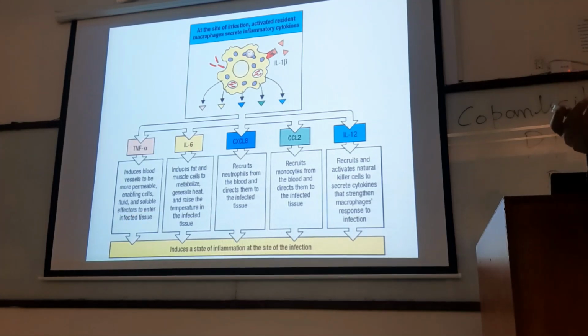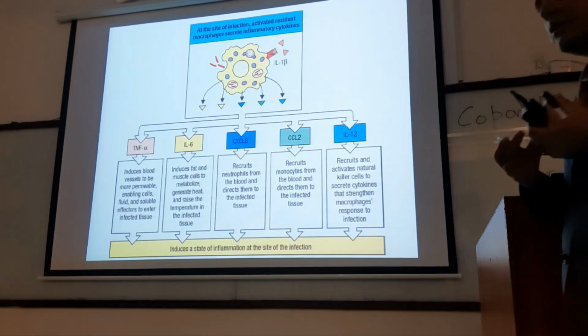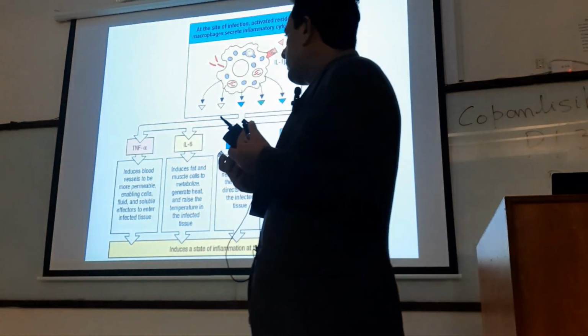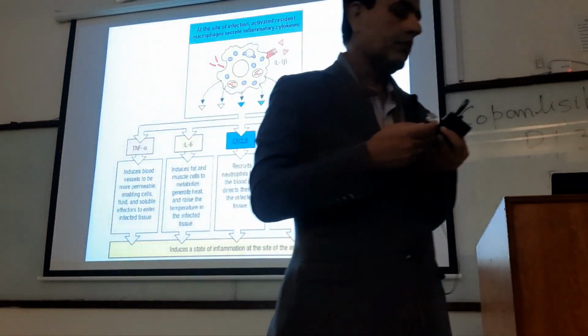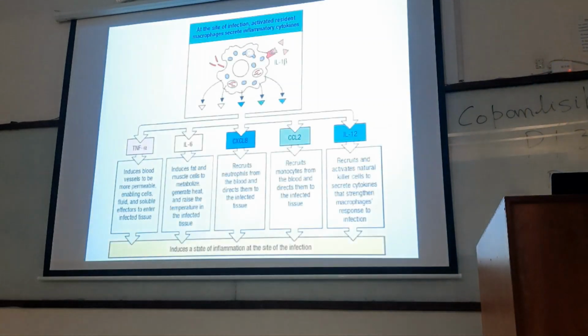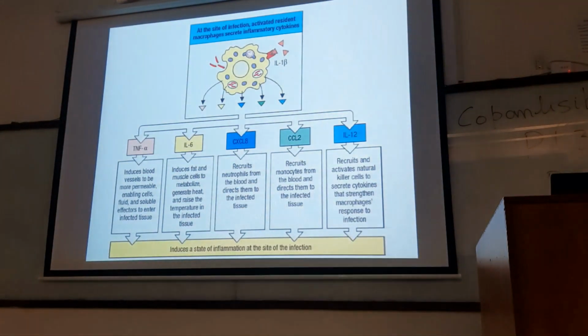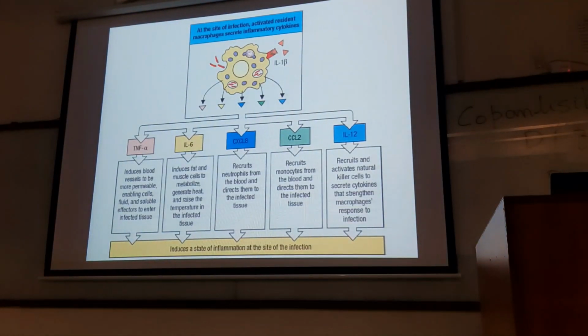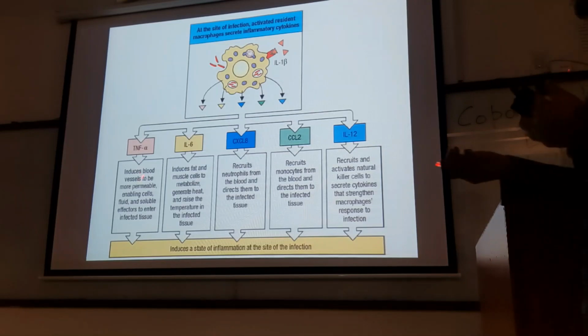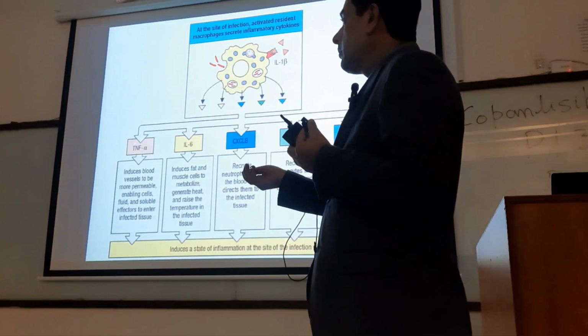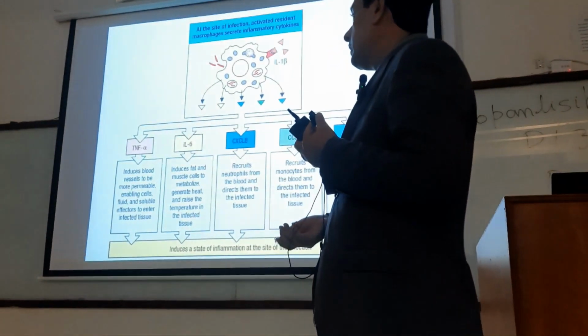When the permeability is increased and the vessels are dilated, then migration or leakage of these cells from the vessels into the tissues becomes very easy. So that job is accomplished with the help of tumor necrosis factor alpha.